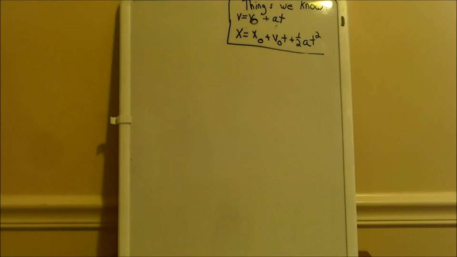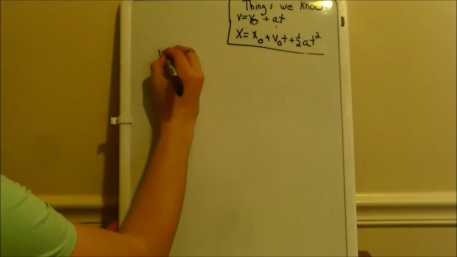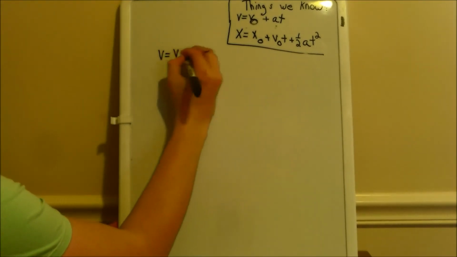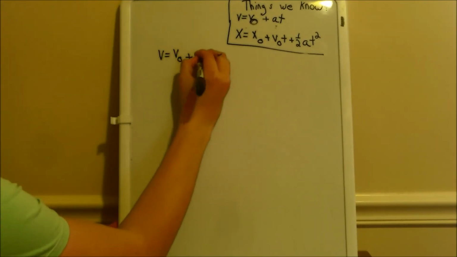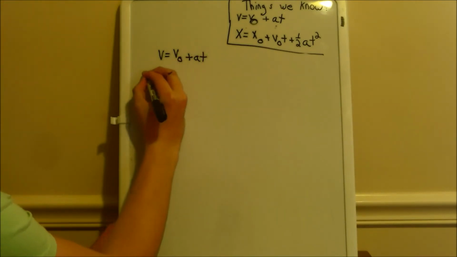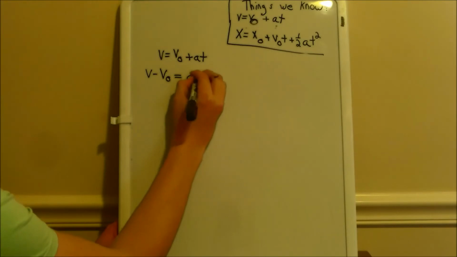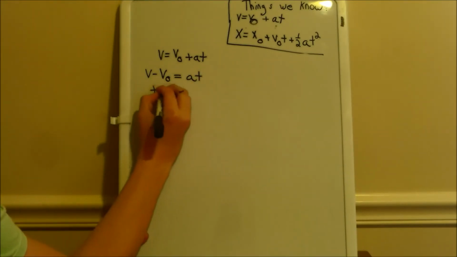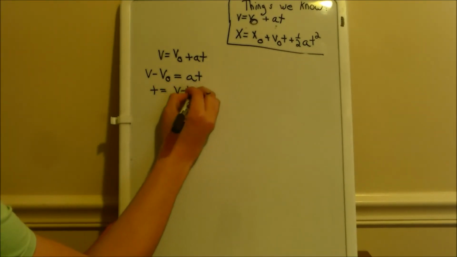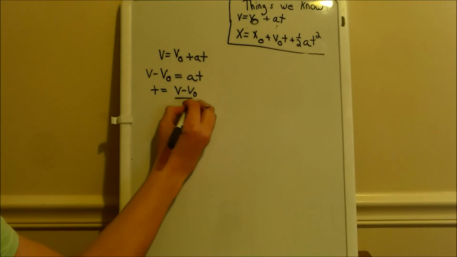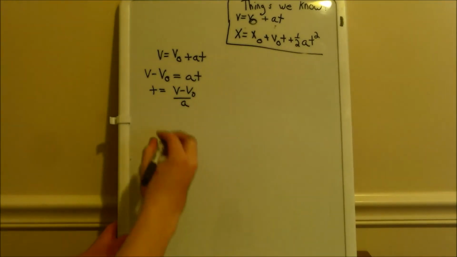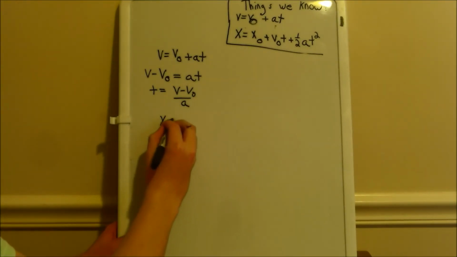For a third and final kinematics equation, we're going to start by rewriting our first kinematics equation and solving for time. After simplifying, we should reach the equation time is equal to velocity minus initial velocity over a. Solving for t will allow us to plug that right side of the equation into our second kinematics equation.